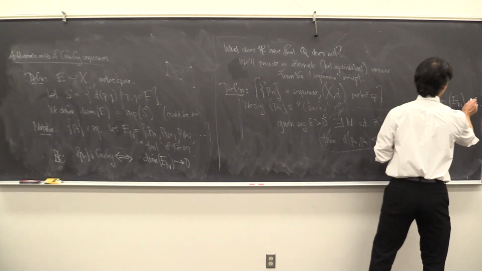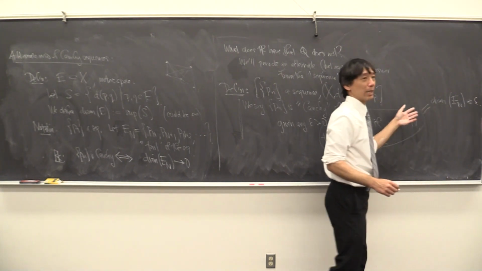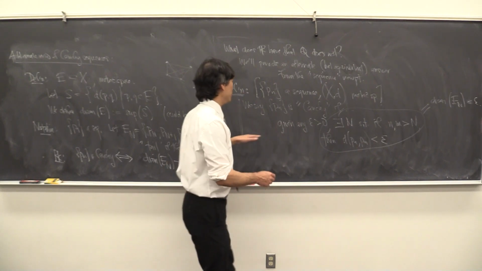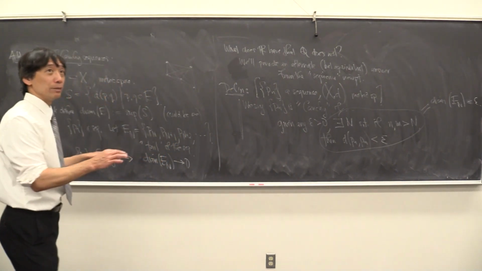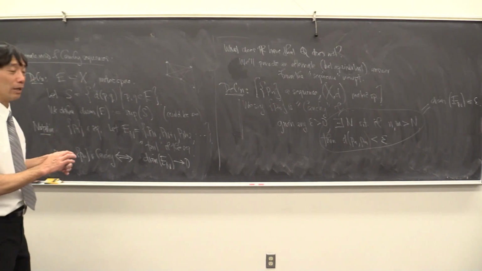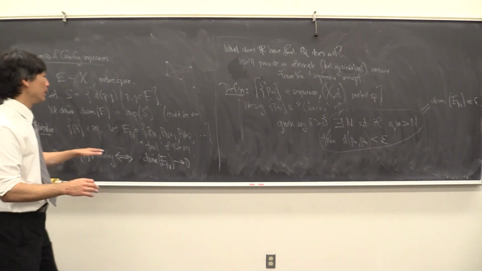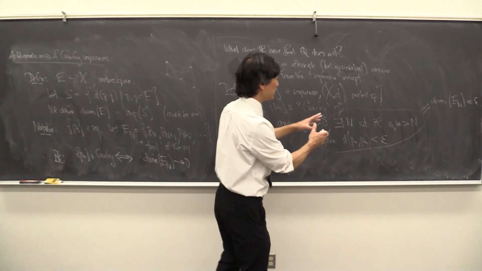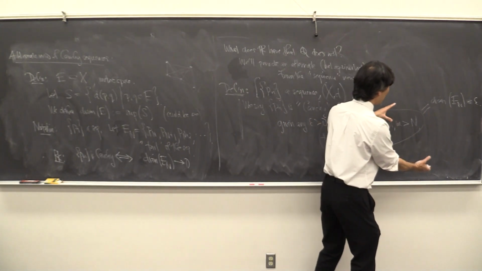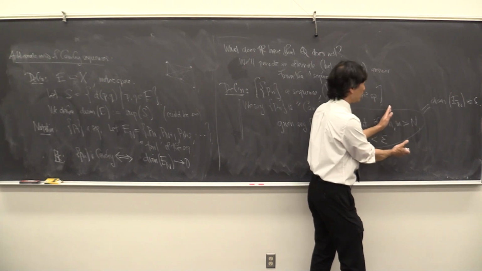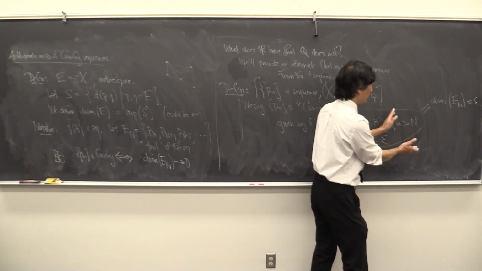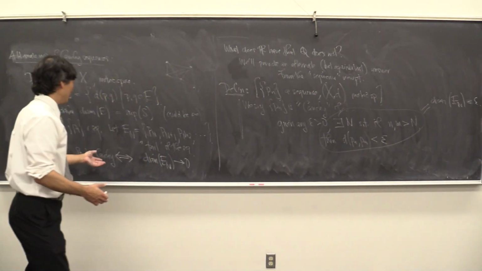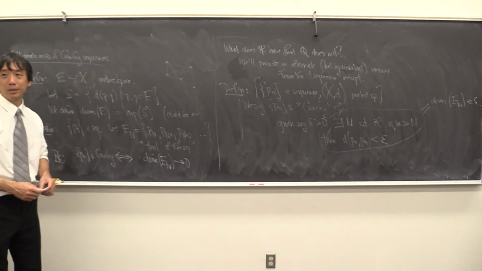I'm not going to prove that one, so I'll let you think about it. It's basically the same thing. If the tail's diameter goes to 0, that means you can get points within epsilon of each other. That's what Cauchiness is.